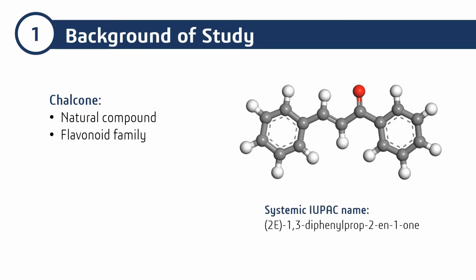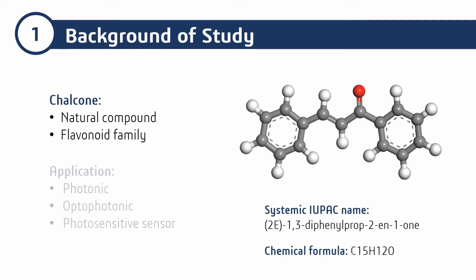This is the systematic IUPAC name of chalcone, and the chemical formula of chalcone is C15H12O. Chalcone derivatives have wide potential application in photonic, optophotonic and photosensitive sensors due to their photophysical and photochemical properties.